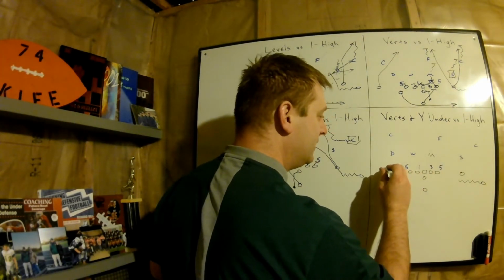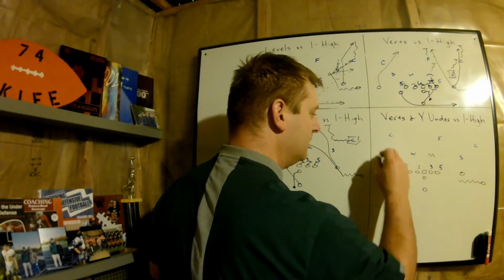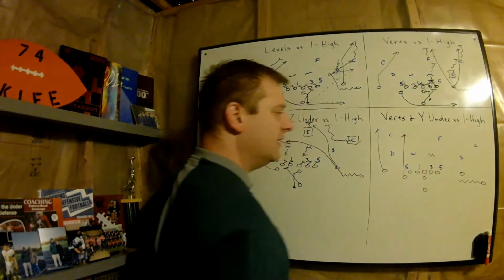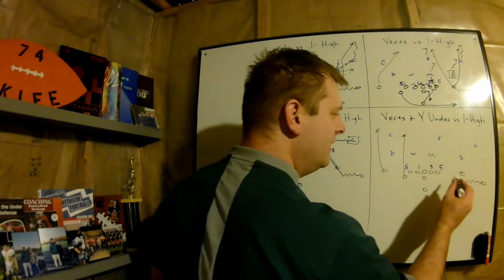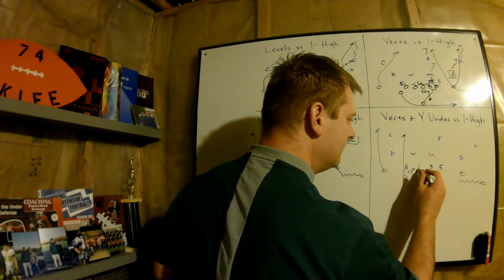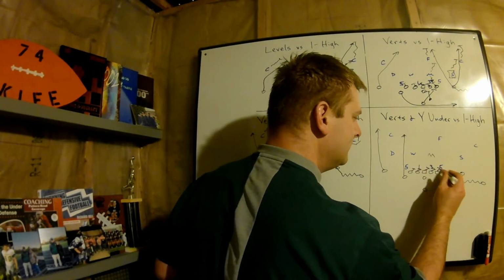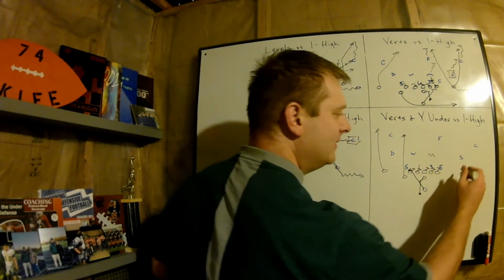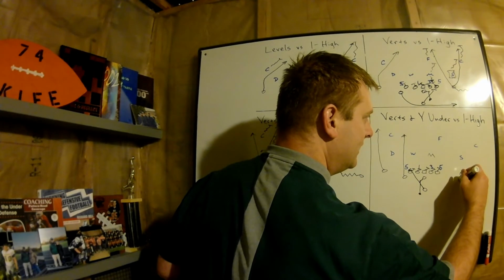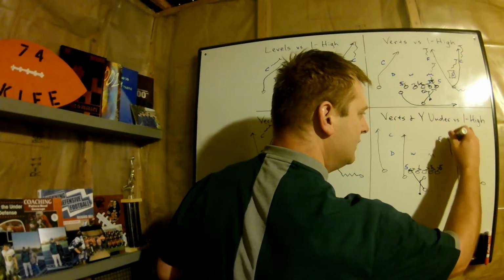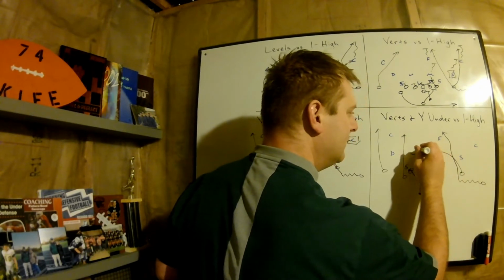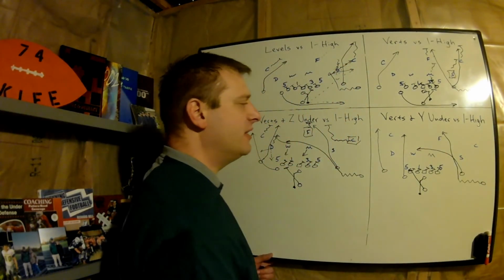So again, verts side, we could go straight up verts instead of switching it. We're going to go full slide again, play action, pull back in C gap, and now the Z is going to run that seam route. The Y is running the under, and we're looking for the same thing.